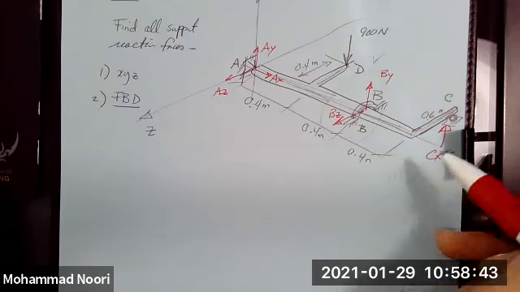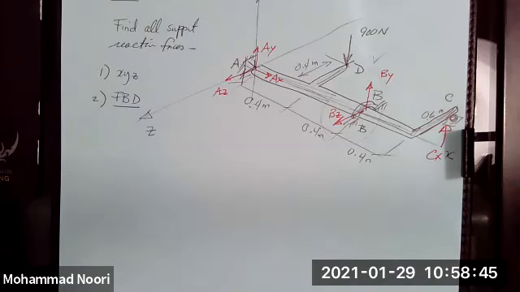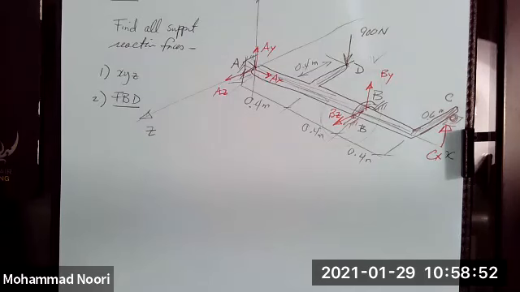So are the unknowns where the movement is restricted? Exactly. Because when you have restriction, that means you're resisting a force, right? Or a moment. That's what the meaning of unknown support forces are.